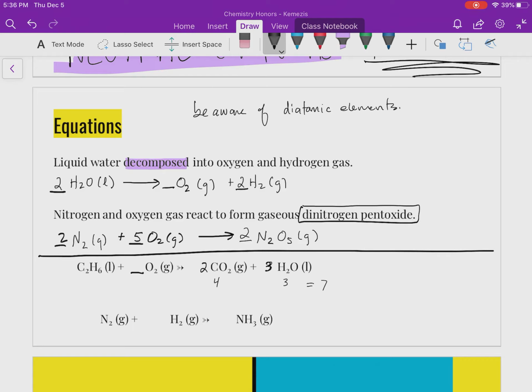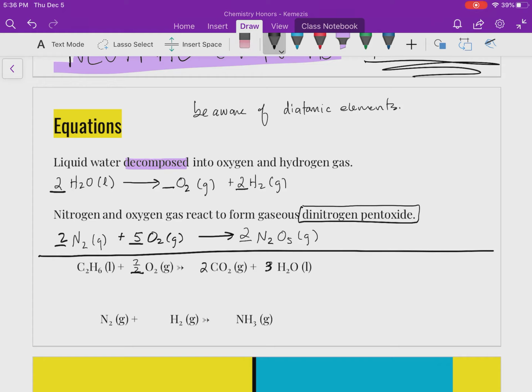So we're in a spot that's a little sticky and not as easy to change as what we had above. So there's a little trick that we do, and it's just a little math trick. If I have 7 oxygens on the right side and I put 7/2 on the left side, it is true that 7/2 times 2 gives me 7 oxygens, but we don't like to have fractions.